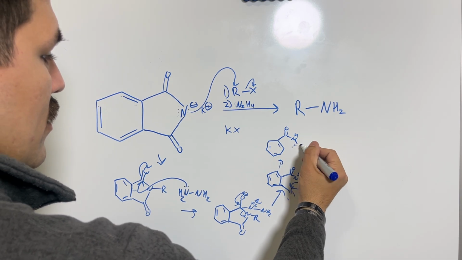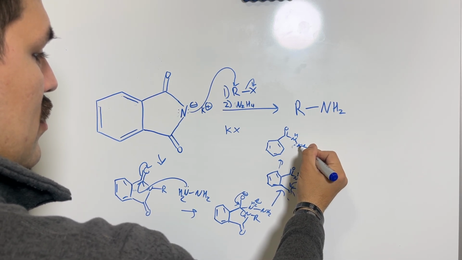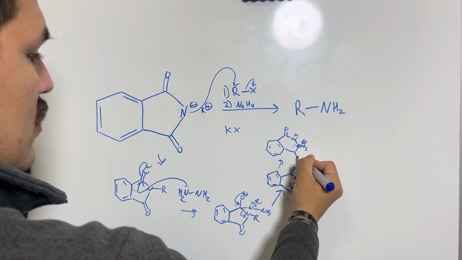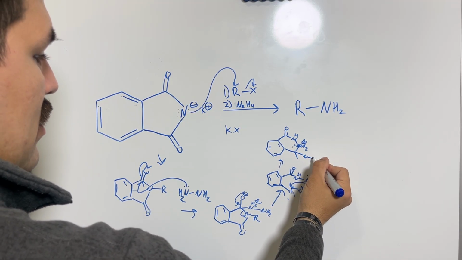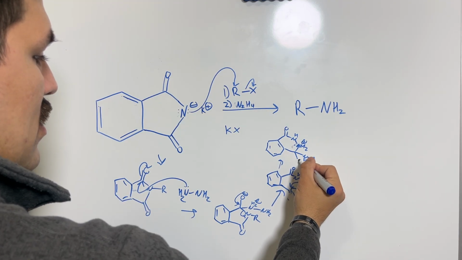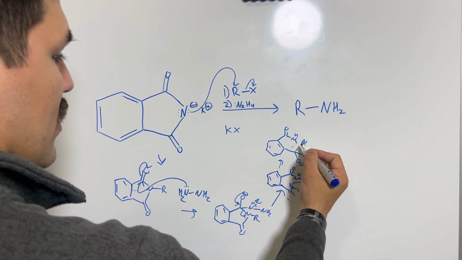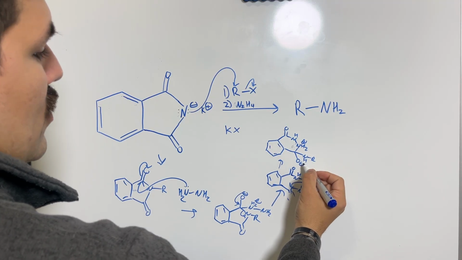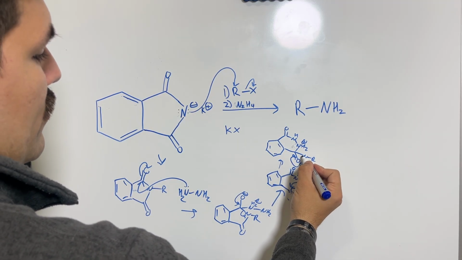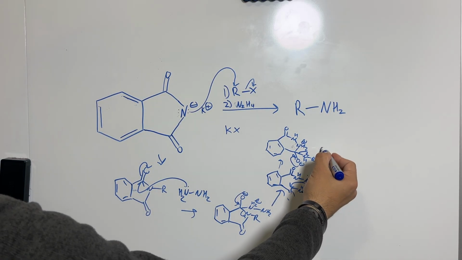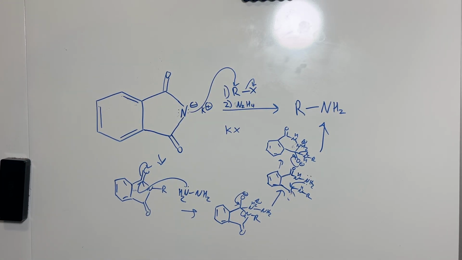Where these electrons are going to flow back down. We kick this off. Proton transfer step, and we get our primary amine as our final product.